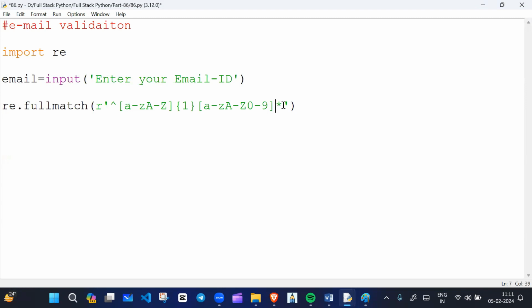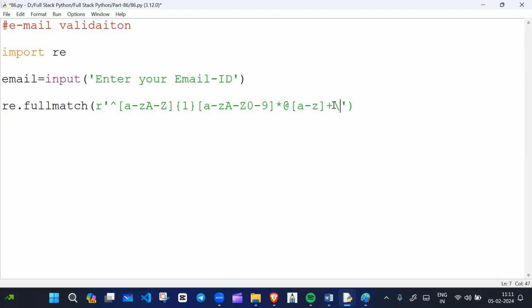Asterisk means 0 or more. Now the @ symbol should be there, and we are writing the a to z range. Plus means after the @ one character between a to z should be there, at least one or more.